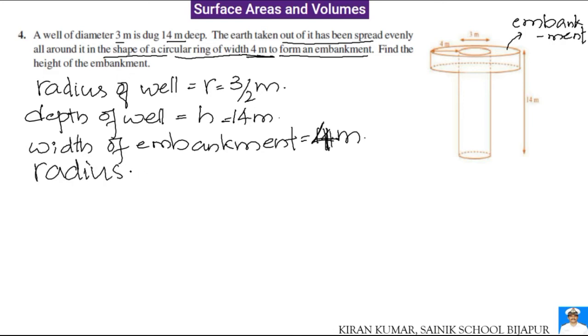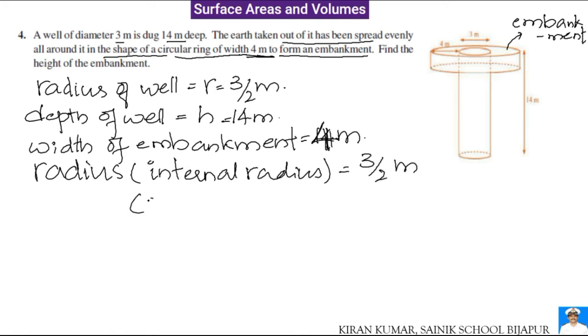So, if I speak about the internal radius, this will be 3 by 2 meters, and the outer radius will be 3 by 2, to which we need to add 4 meter because the width is 4 meter.